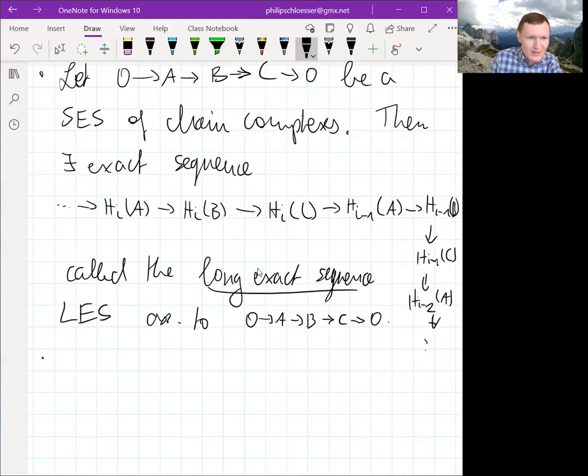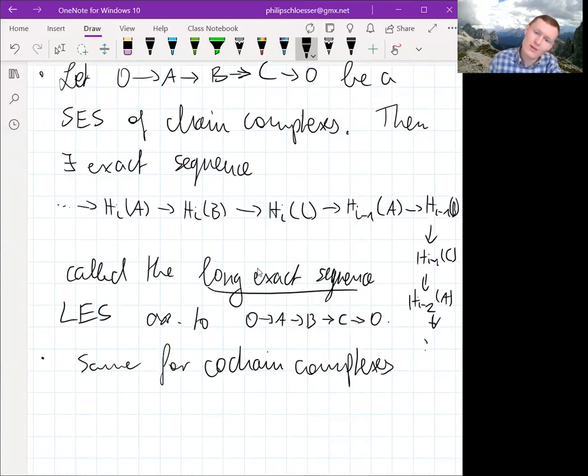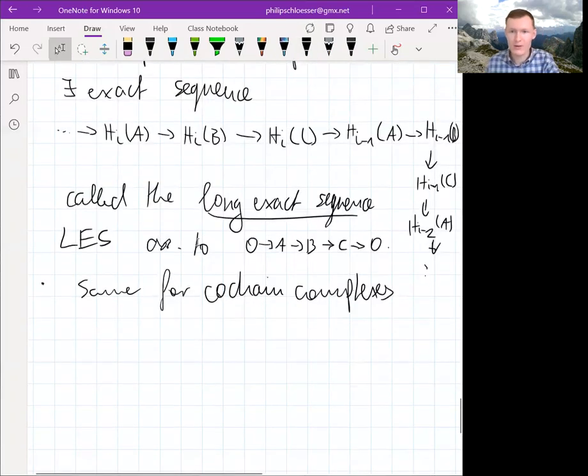And yeah, if we just replace the word chain with cochain, then we also get a long exact sequence. It's basically snake lemma on steroids.